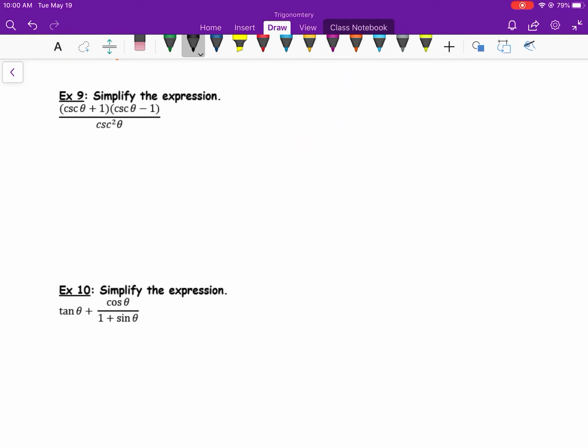Off to example 9. I'm going to FOIL the top out. So I have cosecant squared of theta minus cosecant of theta plus cosecant of theta minus 1, all divided by cosecant squared of theta.